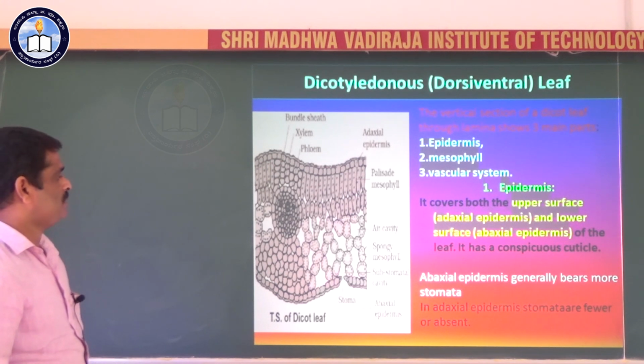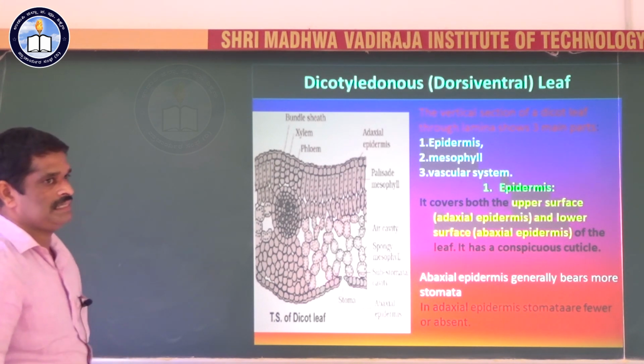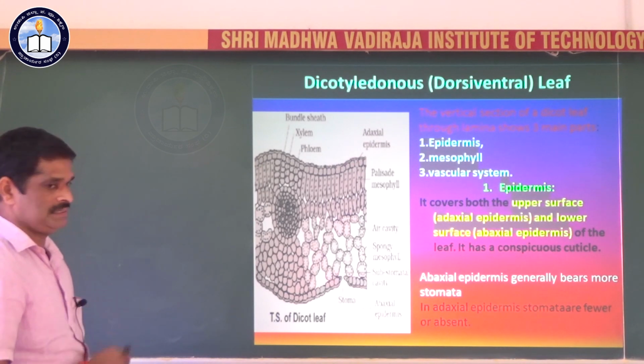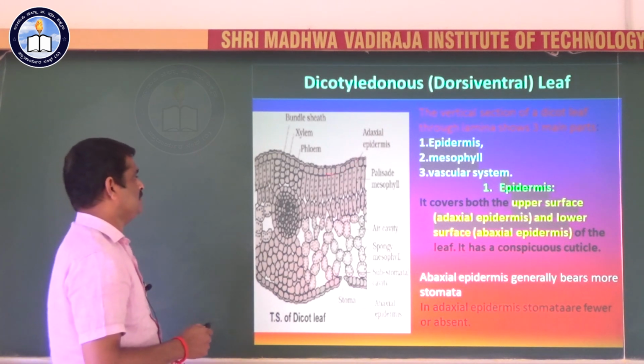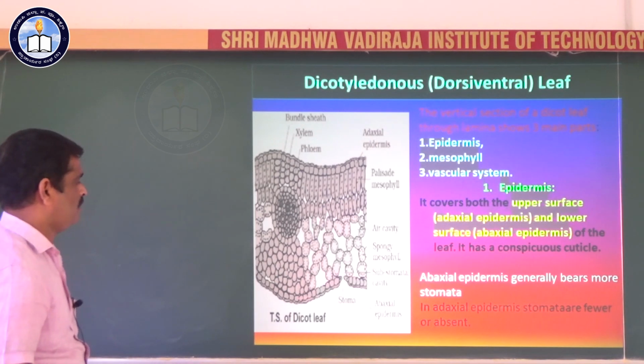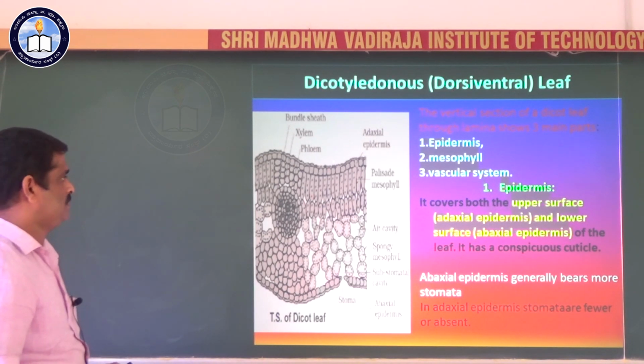The epidermis is of two types: the upper epidermis, called the adaxial epidermis, and the lower epidermis, called the abaxial epidermis.